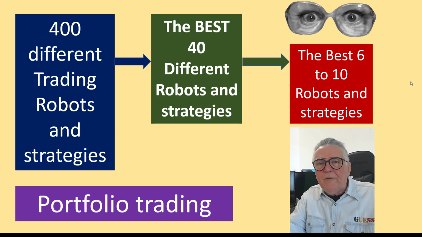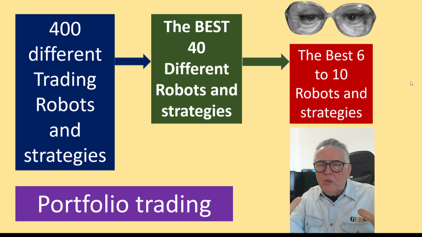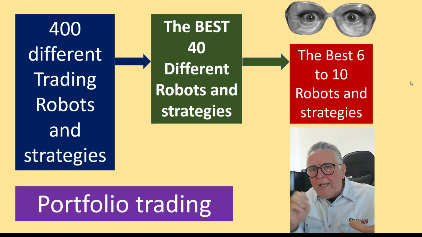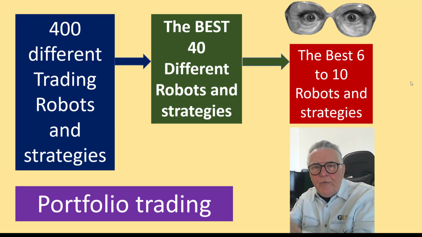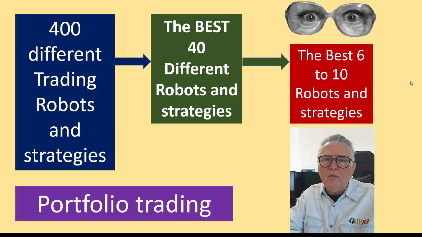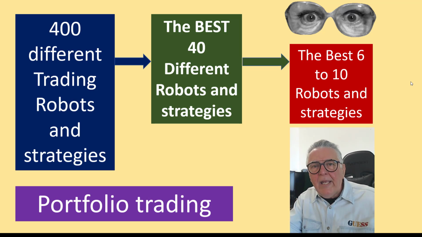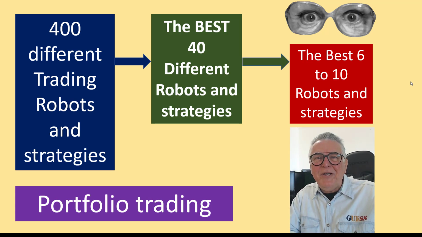You throw out the ones that fail and you add new ones all the time, maybe on a weekly basis, maybe on a monthly basis, and then eventually you have such a good group that you just cherry pick the winners and put them into your live portfolio. And even then you review your live portfolio on an ongoing basis, take out the losers, put in more winners, and you develop your trading portfolio to such an extent that it is a high income producing portfolio with very reduced risk. So from me, Alex Deploy, cheerio.